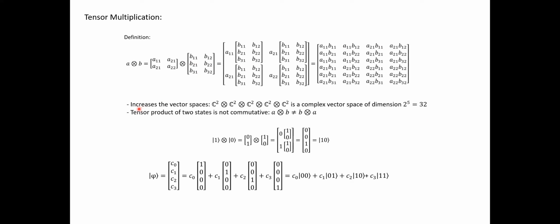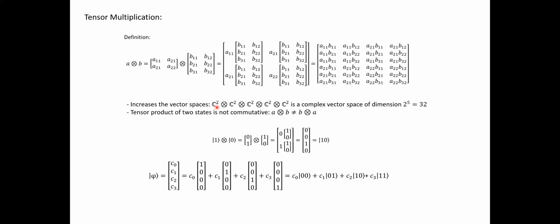That's one thing in quantum computing and in quantum mechanics too. The tensor multiplication increases the vector space really fast. So that's why classical computers cannot simulate quantum systems.